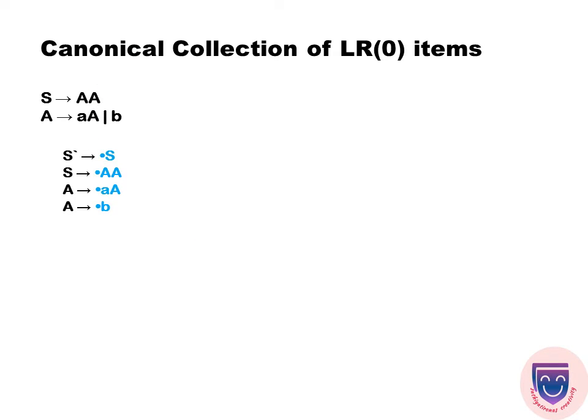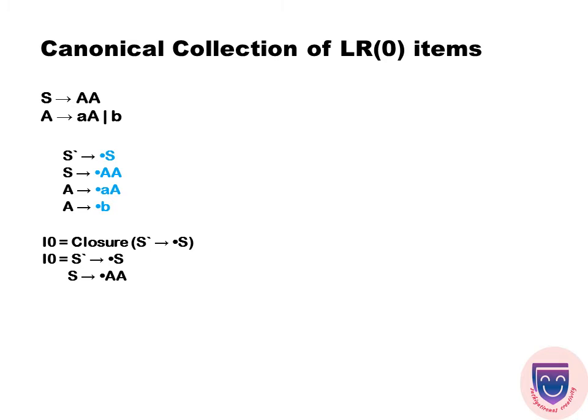Like in the LL(1) parser, here also we have two functions, goto and closure. Let us see how the input is going to be reduced in different states. First we take the I0 state. I0 state is nothing but the closure of S', which is the closure function here.